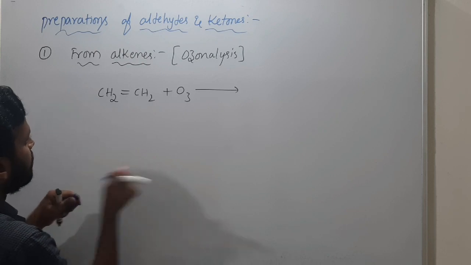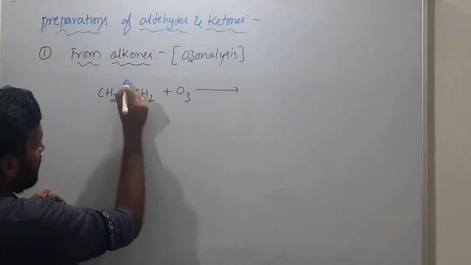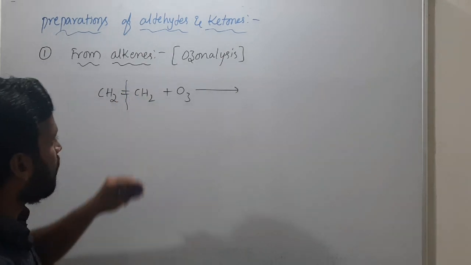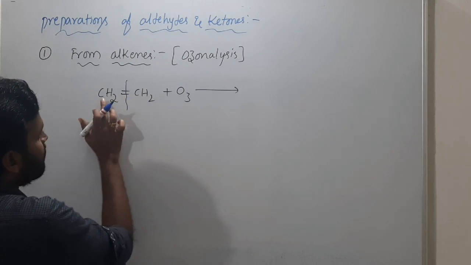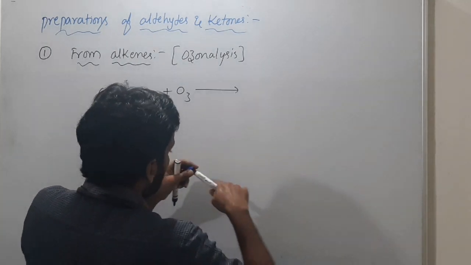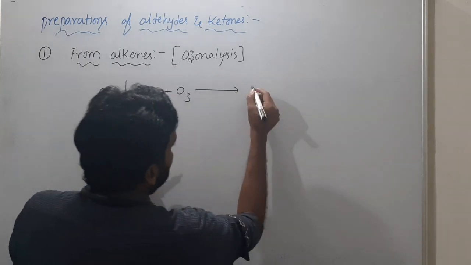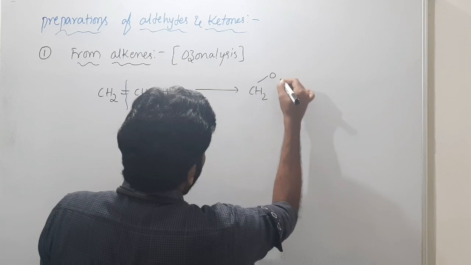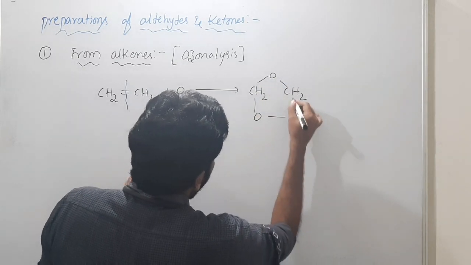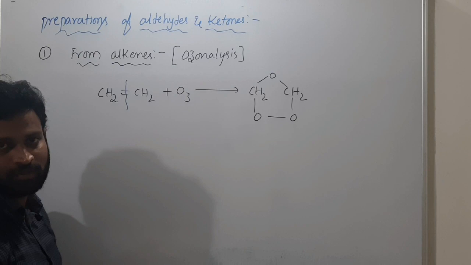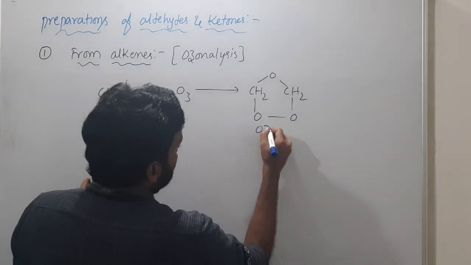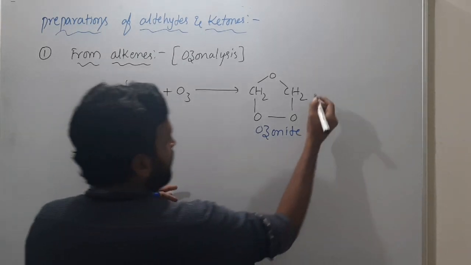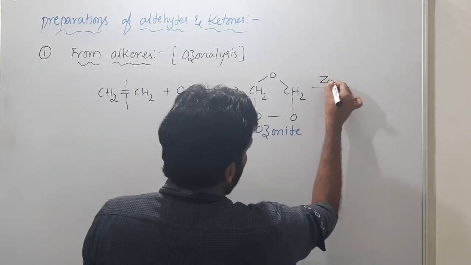During this, these two bonds break, meaning the double bond between these two carbons completely disappears. There you have CH2 and CH2 with three oxygens forming the cyclic ozonide like this.